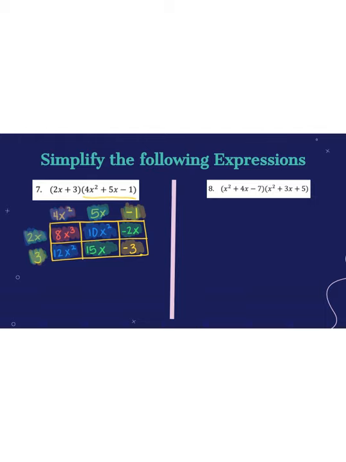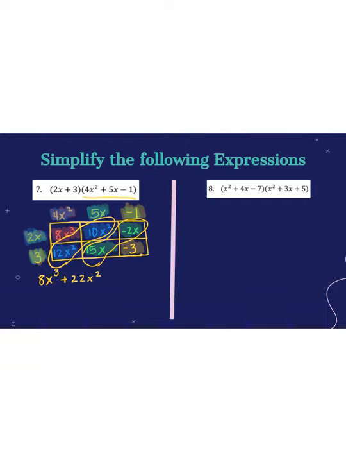Okay, so now I start with my highest power. So my 8x squared, or sorry, 8x cubed is my highest. So 8x to the third. And then I see that these two both have x squareds, so I can combine those. These two both have just an x, so I combine those. So 12x squared plus 10x squared is going to give me a positive 22x squared.